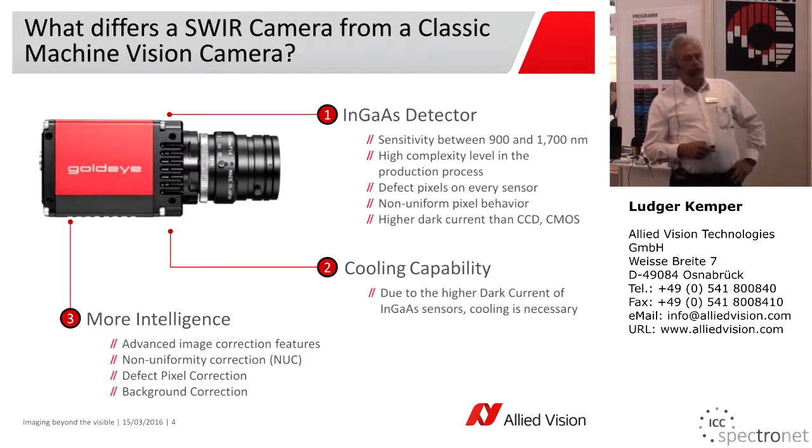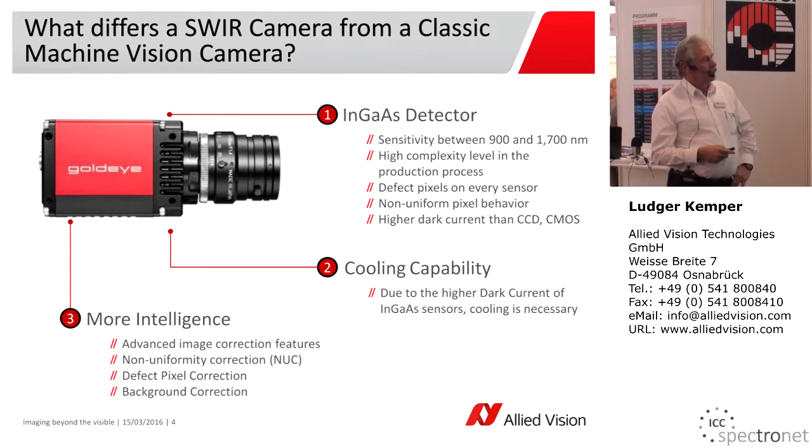What is the difference between SWIR cameras and classic machine vision cameras? First of all, we have the indium gallium arsenide detector in these cameras. That is sensitive between 900 and 1,700 nanometers.